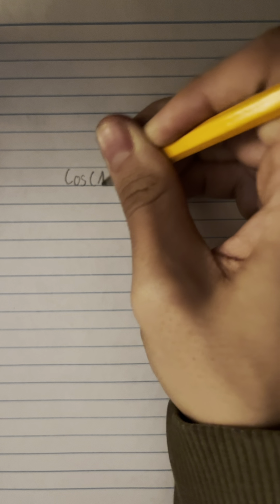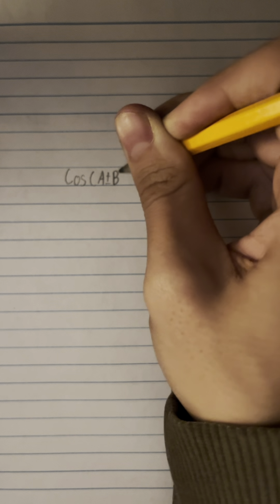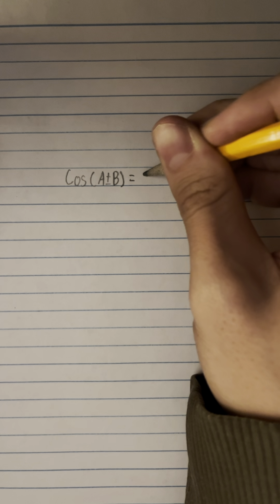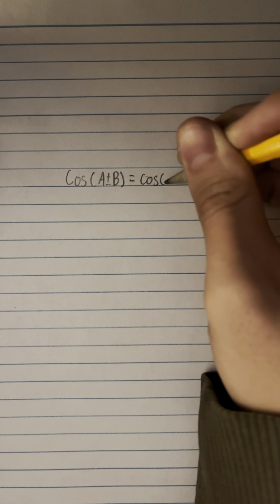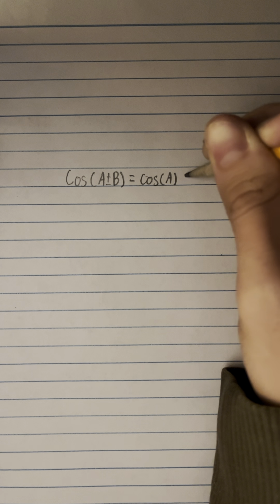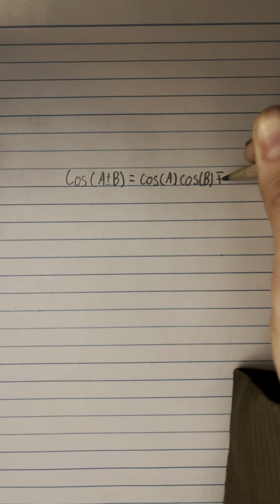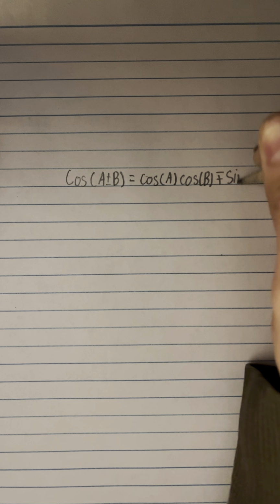Finally, the last two trigonometric identities are the cosine of a plus or minus b is equal to cosine a times cosine b minus or plus sine a times sine b.